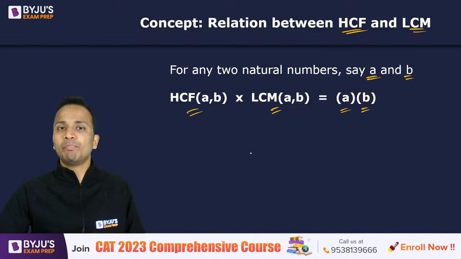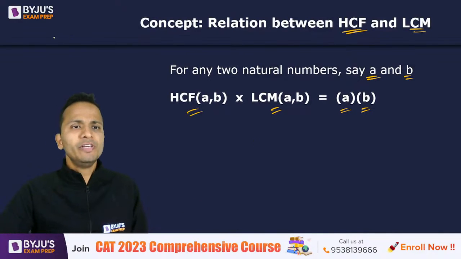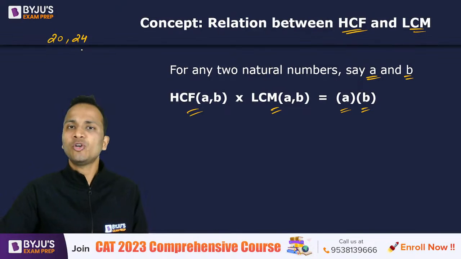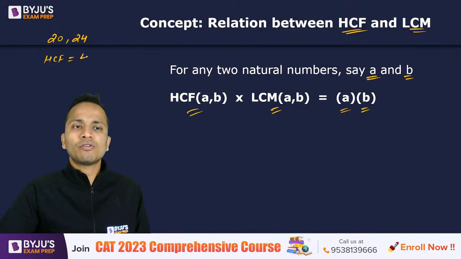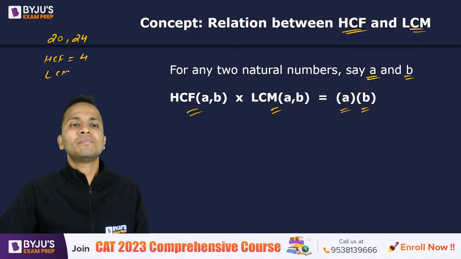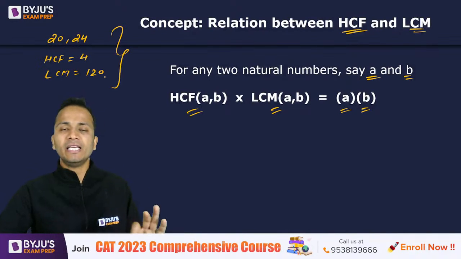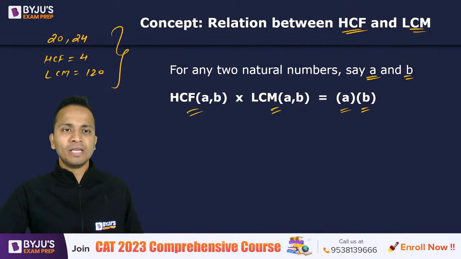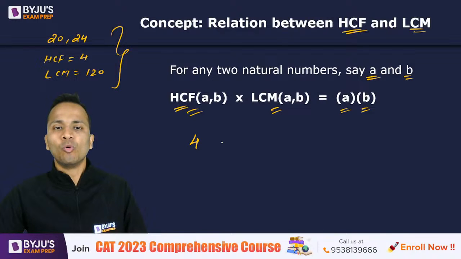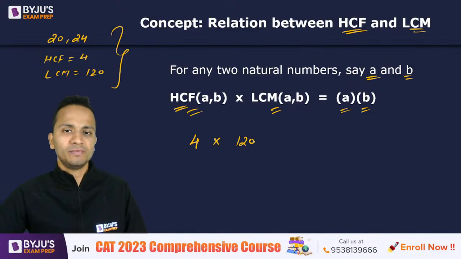Let's take an example. So we earlier have considered these two numbers 20 and 24. Their HCF was 4 and their LCM was 120. We have already done that earlier in this lecture. Okay. Now you can see that HCF of these two numbers is 4 multiplied by LCM of these two numbers is 120. Okay.